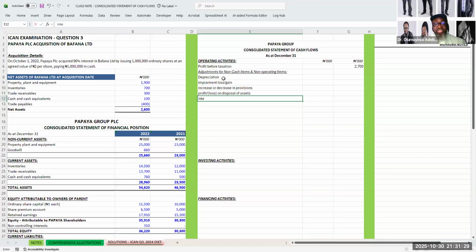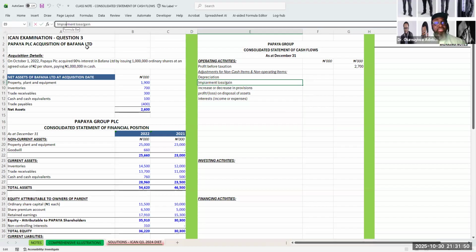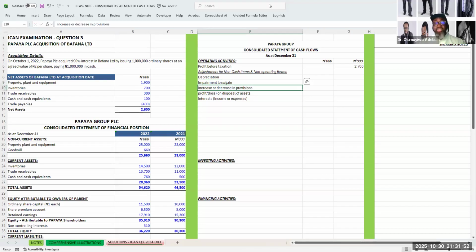If we have interest, whether income or expense, and whether cash-based or not, you can adjust for them because mostly they are non-operating items. Therefore, these are the things you consider at every point in time that are non-cash items or non-operating items, and other things as the case may be.